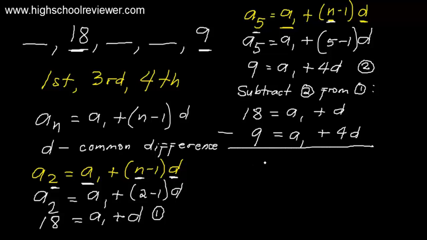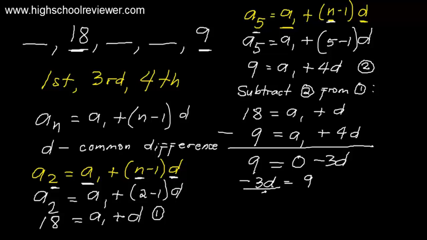So positive 18 minus positive 9 is positive 9, equals a sub 1 minus a sub 1, which is 0, and positive d minus 4d is negative 3d. So we can interchange this: negative 3d equals positive 9.